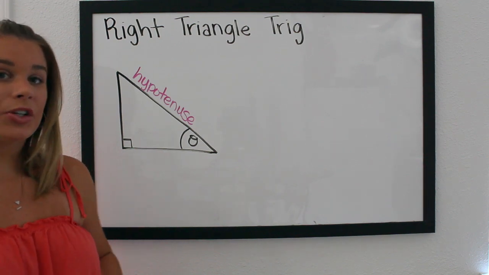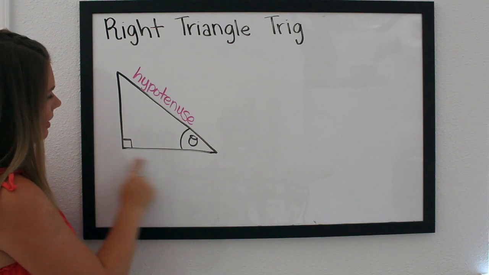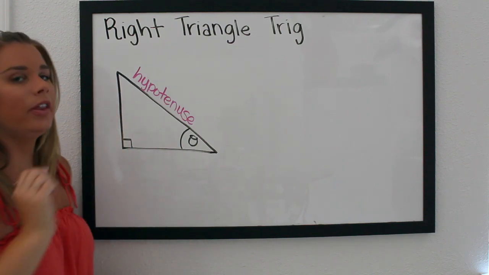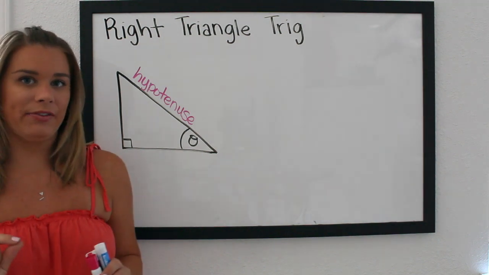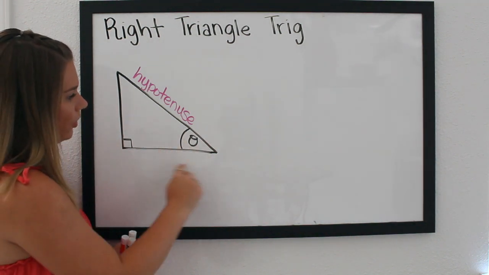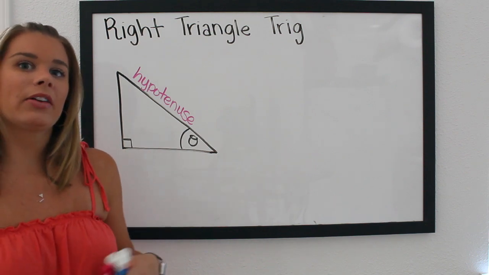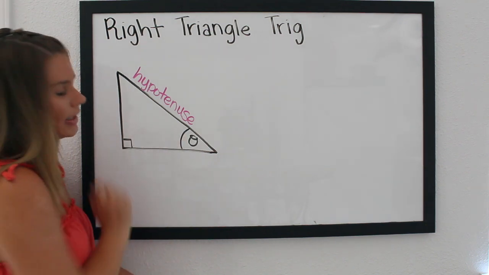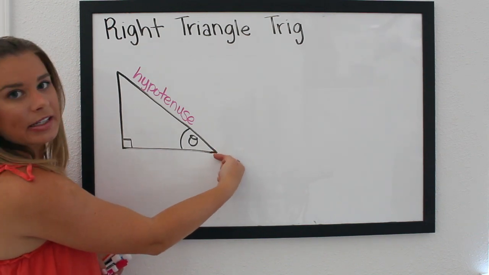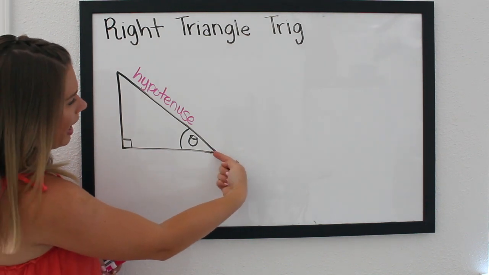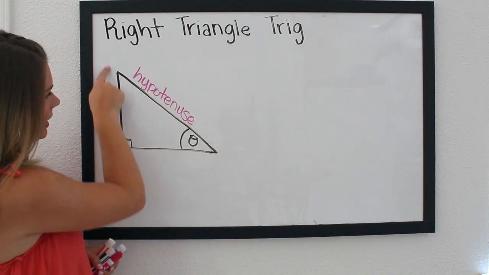Now the remaining two sides, the ones that are adjacent, meaning they help make up this 90-degree angle, are called the legs. We want to be a little more specific when we're dealing with this angle theta. They're both legs, but they're in different locations in reference to this angle. If I'm looking from this vantage point at this angle, I have to travel this way to hit this side.